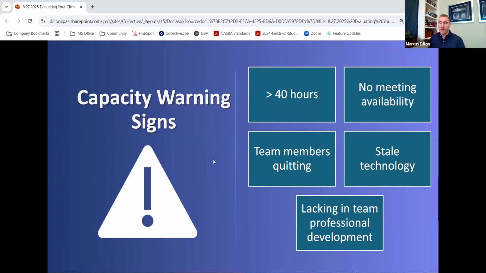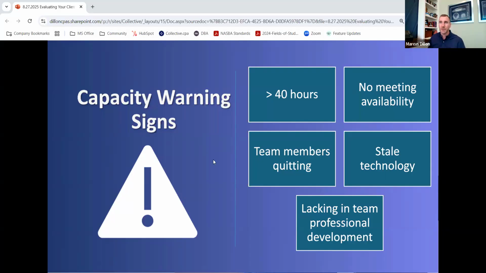The other one that hits home, as we care for others internally, is team members quitting and giving feedback of "this just isn't what I signed on to do," or what I originally thought was the goal in coming to work here, and they leave the profession. We've seen that a lot as well.